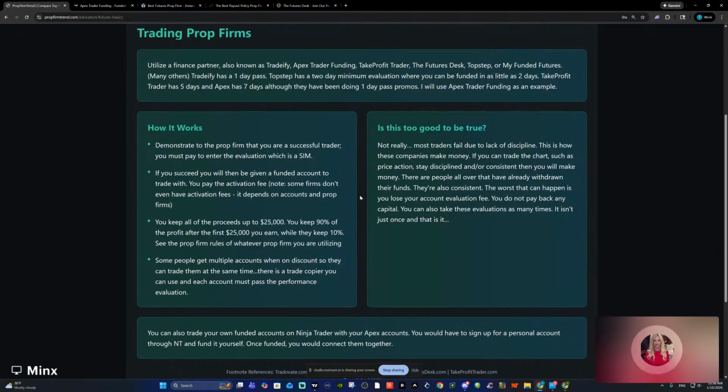It doesn't matter if you're trading options, futures, crypto, equities. The sad reality is that 90 to 95% of traders fail. It comes down to a few things, but a lot of it is obviously discipline, risk management, strategy, whatever.